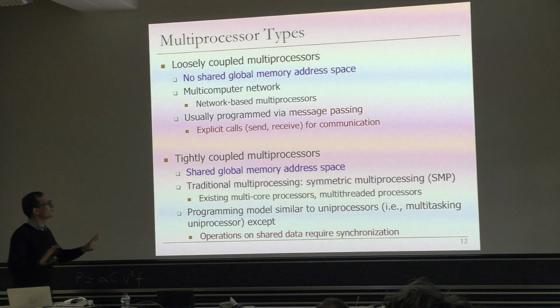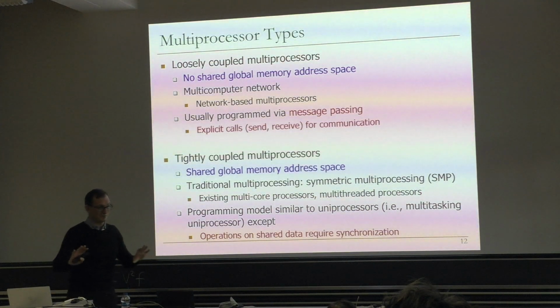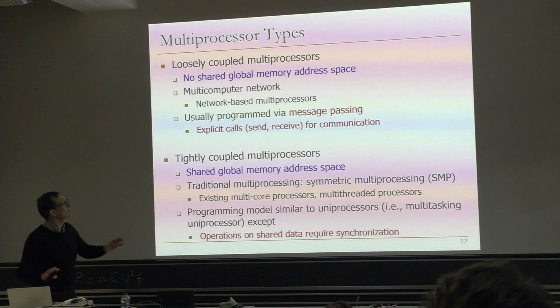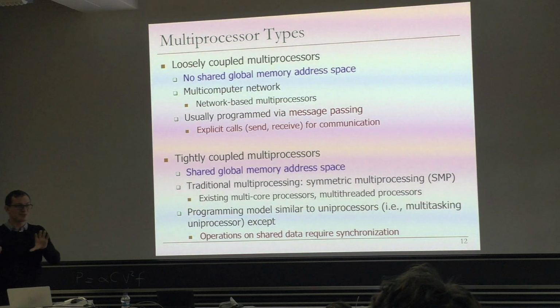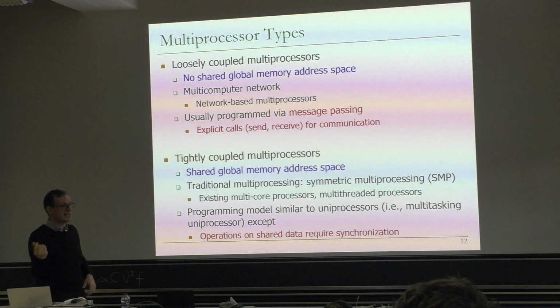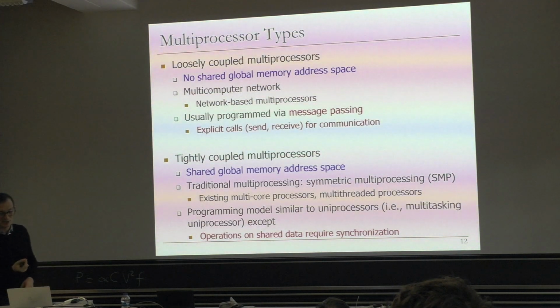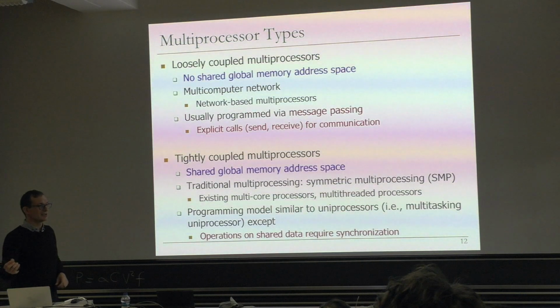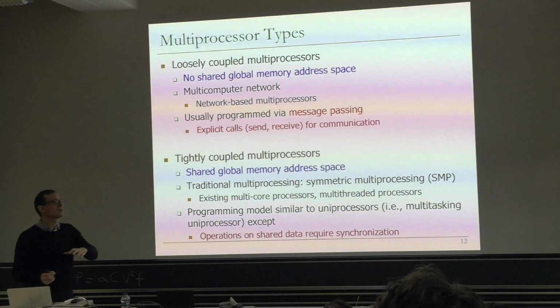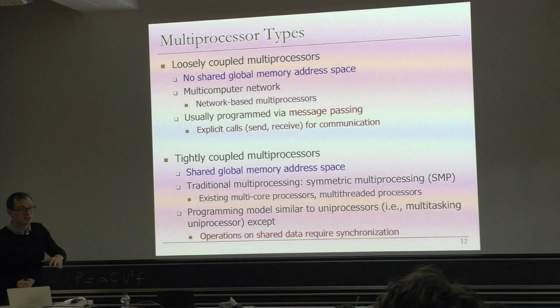So there's a distinction between programming model and the hardware design. Clearly, if the programming model matches the hardware design, that could be good. If you already have send and receive calls in your hardware, then your programming model can be directly mapped to those send and receive calls.